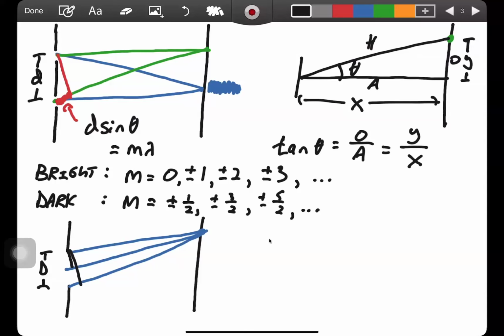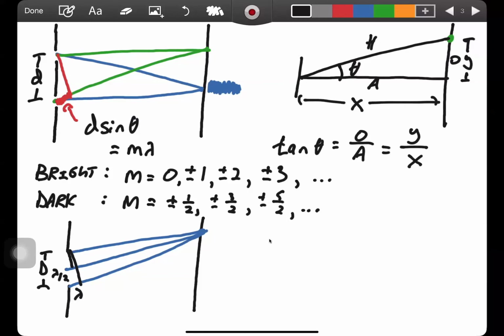It turns out that if the difference in path length between the top of the opening and the bottom of the opening is precisely one wavelength, then you can think of the ray coming right through the middle of the opening as having a path length difference of half a wavelength. So think of that light being broken into those three little mini wavelets. The top one is going to be a half wavelength difference in path length.